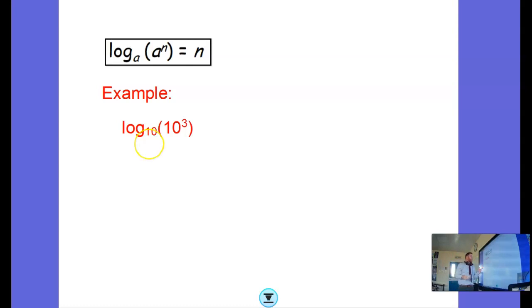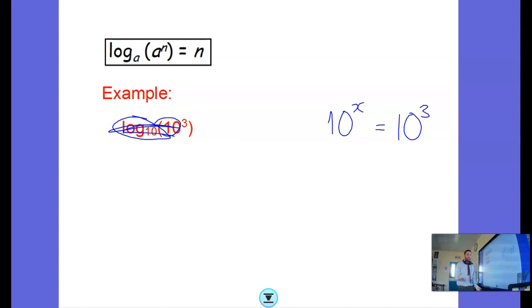So, if I've got log base 10 for 10 cubed, that's saying what power of 10 gives me 10 to the power of 3? Well, 3, isn't it? 10 to the power of 3 gives me 10 to the power of 3. So this log base 10 for 10 kind of cancels out, and the answer is 3.